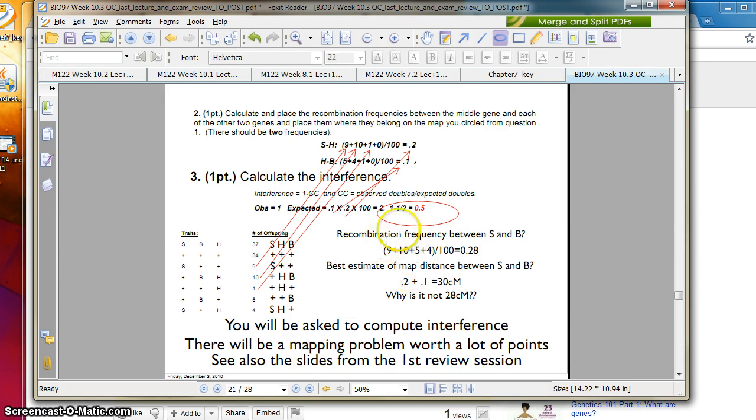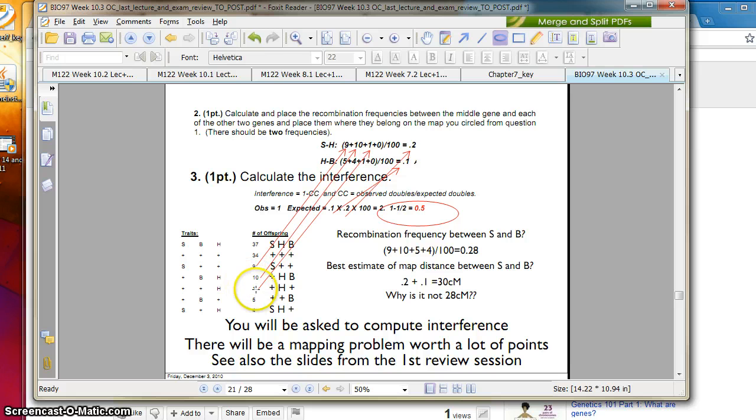Okay? Recombination frequency between S and B. Well, SHB. Between that, you just look at all the recombinants in between S and B, right? So that means this is a recombinant, this is a recombinant, this is a recombinant.